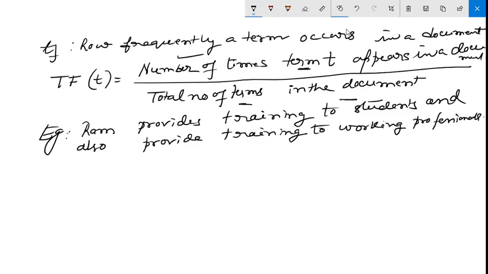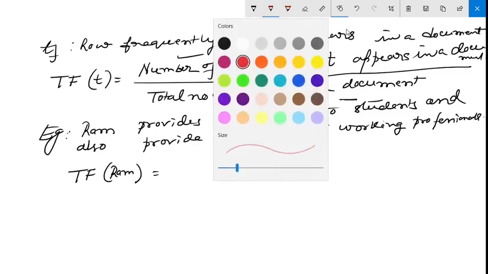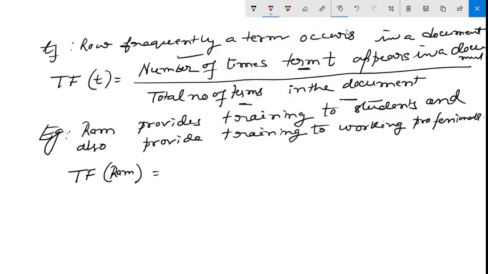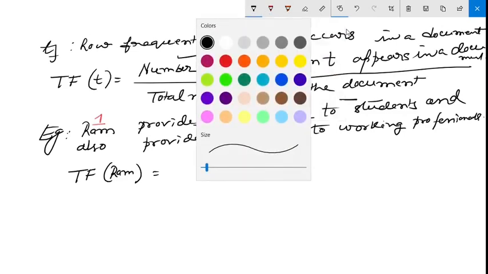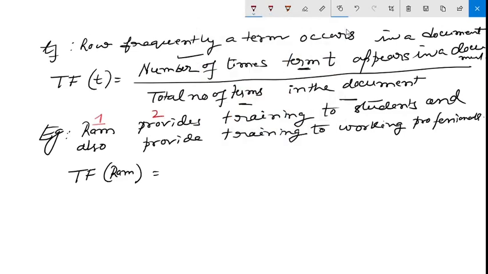So what will be the term frequency of RAM? First let us number the terms: term 1, 2, 3, 4, up to 12.